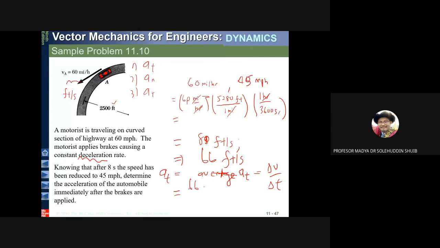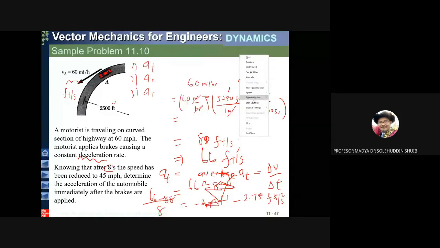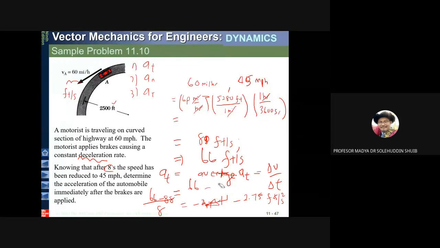So you get 66 minus 88, divided by 8 seconds, because after 8 seconds. 66 minus 88 divided by 8 seconds, so you get minus 2.75 feet per second square.